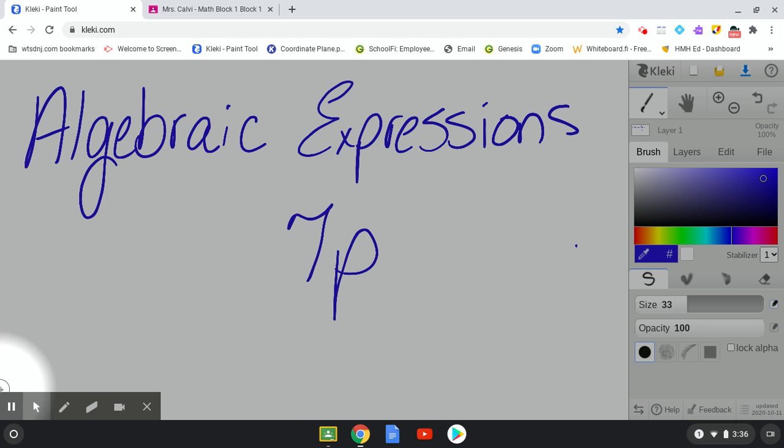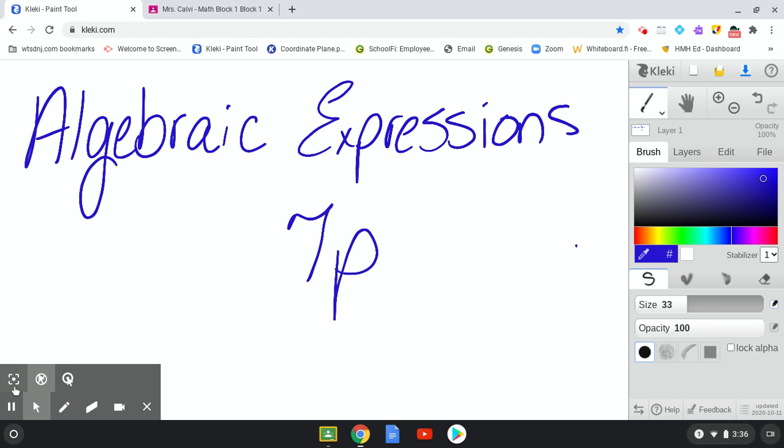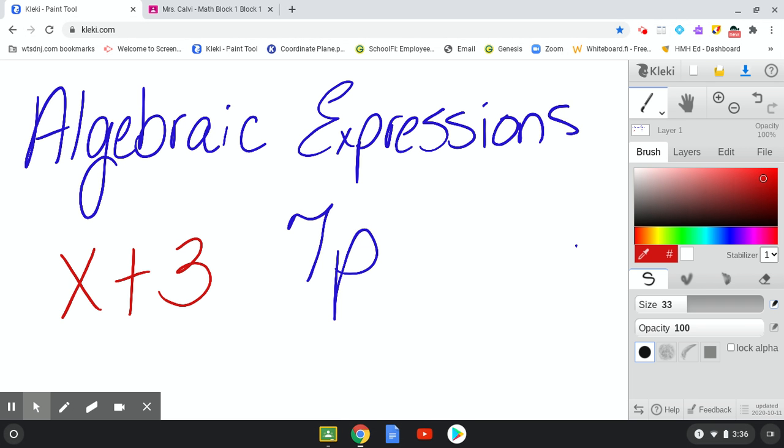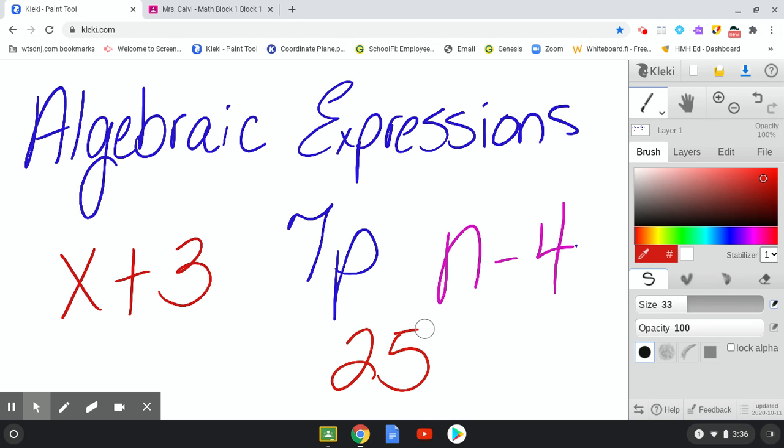I could have x plus 3, n minus 4, or 25 divided by r. They are all algebraic expressions because I am using a variable.